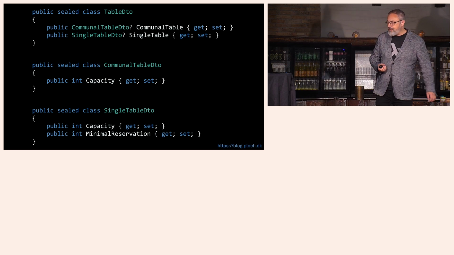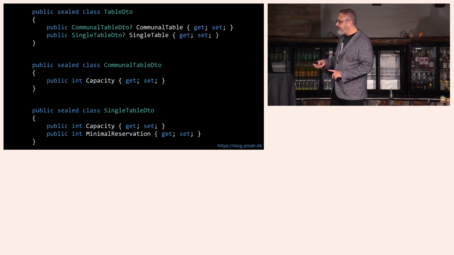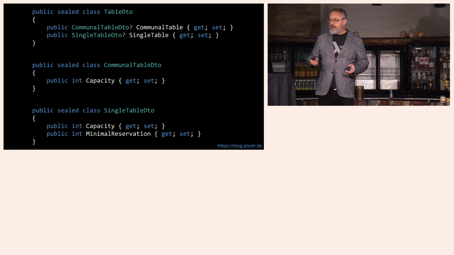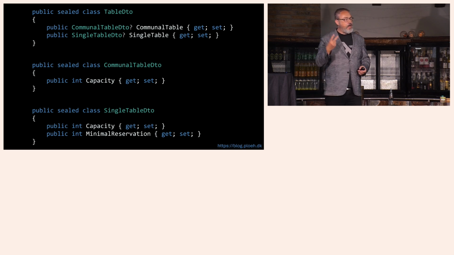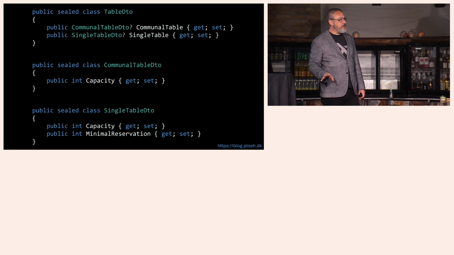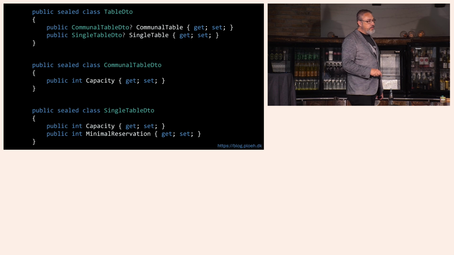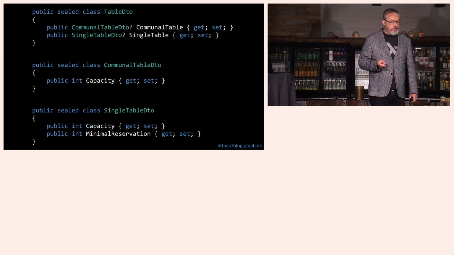So with those requirements, if we expect numbers to be natural numbers, and we expect a table to be either one of those two things but not anything else, then this is not a particularly good model of the data. Why not? Well, can we model that we have a communal table? Yes, we set the communal table property to have an object, and we set single table to null.